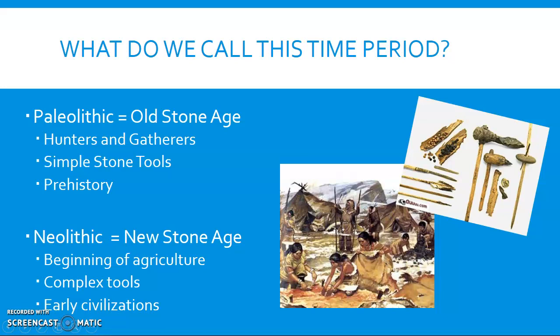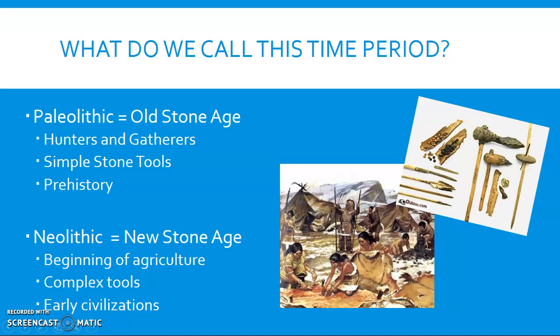So let's start off with some basic vocabulary here, and we're going to look at two major time periods. The Paleolithic time period and the Neolithic underneath there, which is a little bit later. So Paleolithic basically translates into Old Stone Age. It's a long, long time ago.